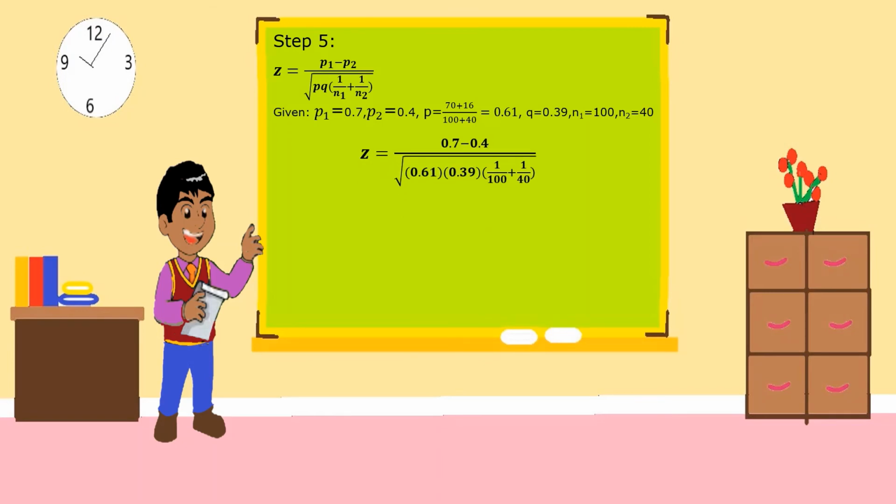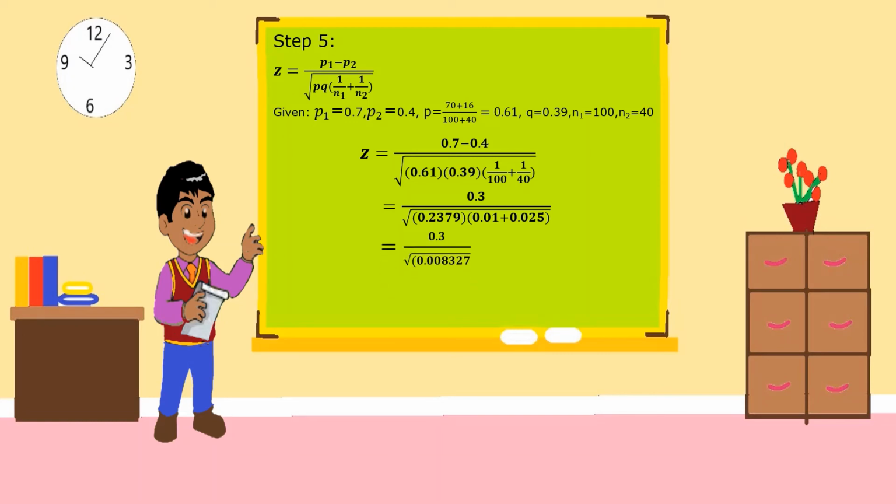So, using the formula, Z is equal to 0.7 minus 0.4 divided by the square root of 0.61 multiplied by 0.39 and multiplied by the quantity of 1 over 100 plus 1 over 40. So we have here 0.3 over the square root of 0.2379, that's the product of 0.61 and 0.39, times 0.01 plus 0.025, that's our fraction, since 1 over 100 becomes 0.01 and 1 over 40 becomes 0.025.